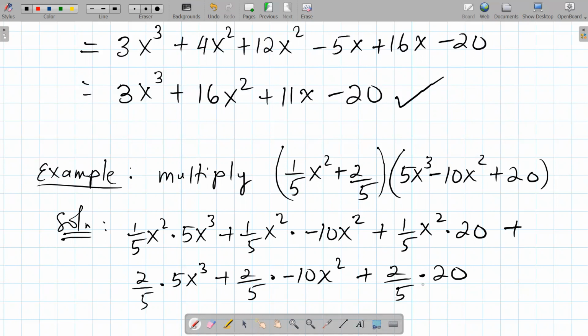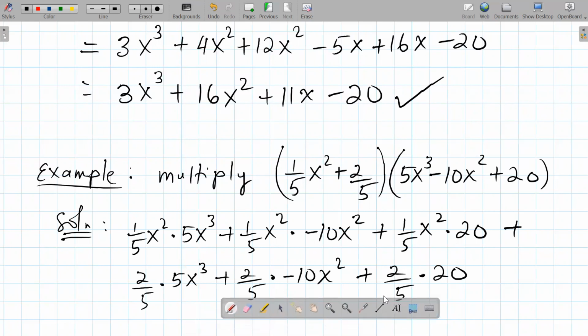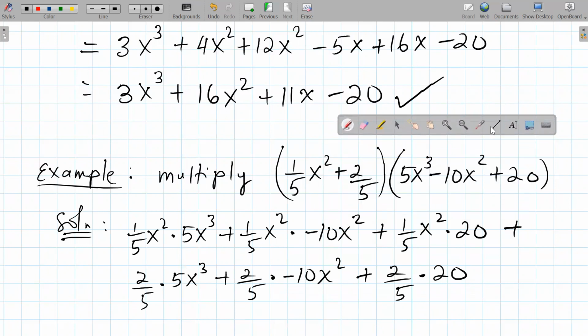Look at it carefully. If you look at it carefully, 1 over 5 times 5 is basically 1. X squared times x cubed will give you x to the 5th power.